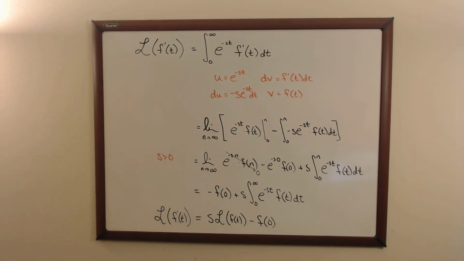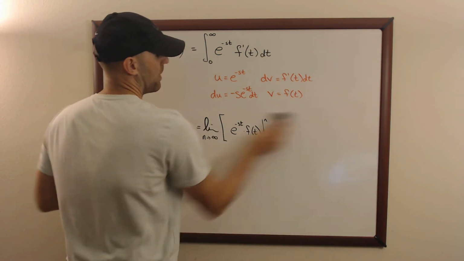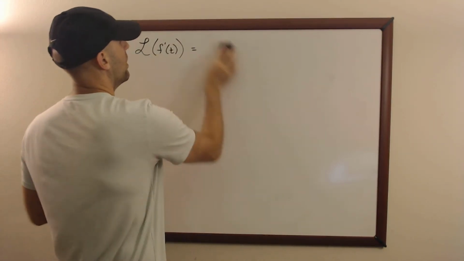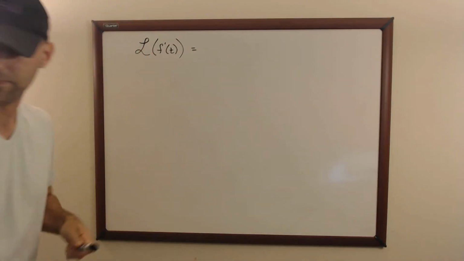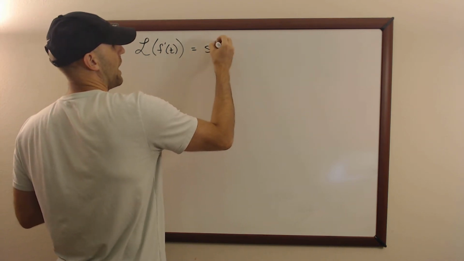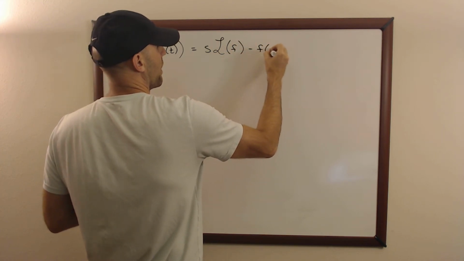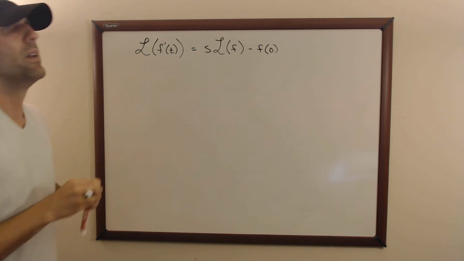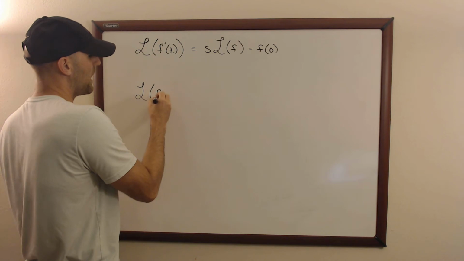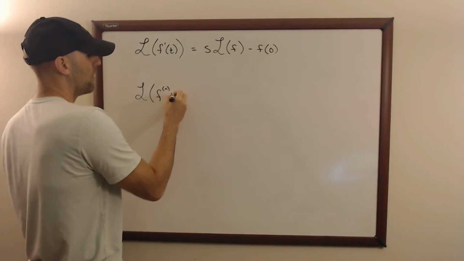Okay, so I'm going to erase this, but I'm going to put this back on the board in a bit. So in general, I have the following formula. The Laplace transform of f prime is s times the Laplace transform of f minus f of 0. So what if I wanted the Laplace transform of the nth derivative of f?